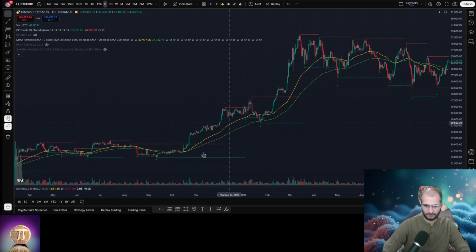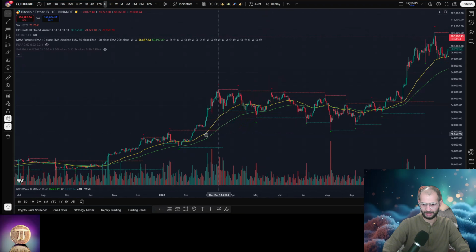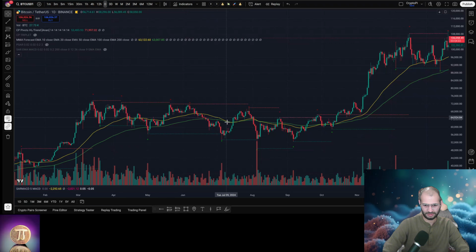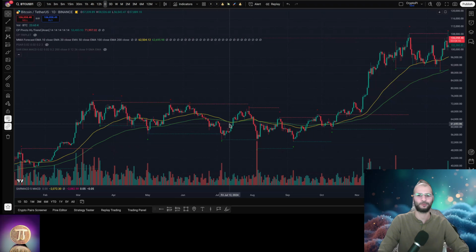Whenever the fast moving average crosses above the slow moving average, it is seen as a potential bullish sign. And when this fast moving average crosses under the slow moving average, it is seen as a potential weakness in the trend, so a downtrend begins.